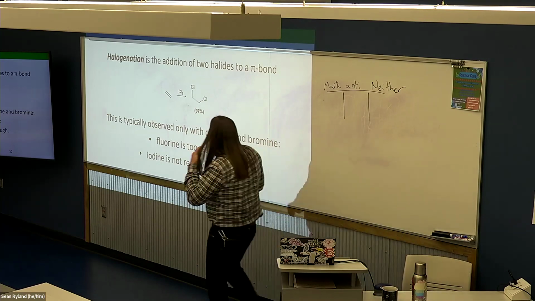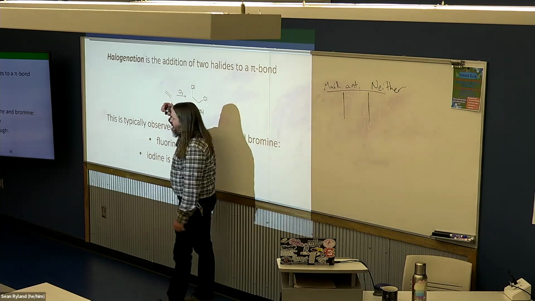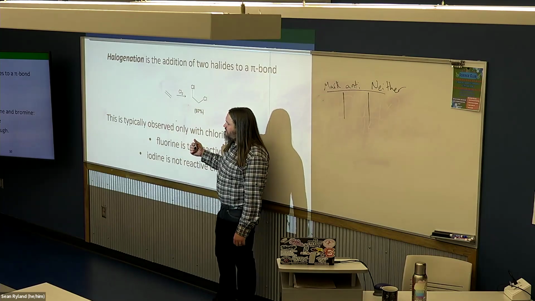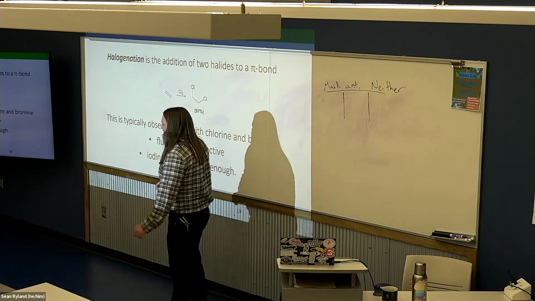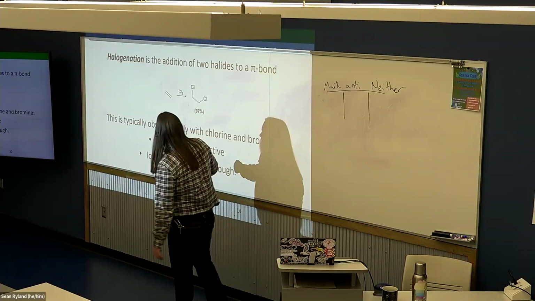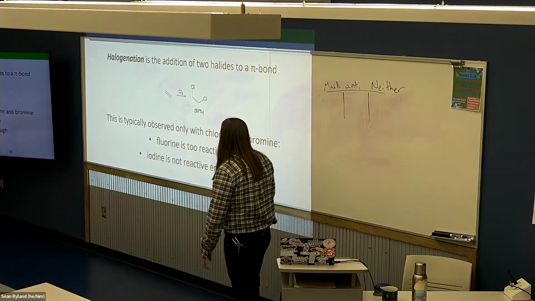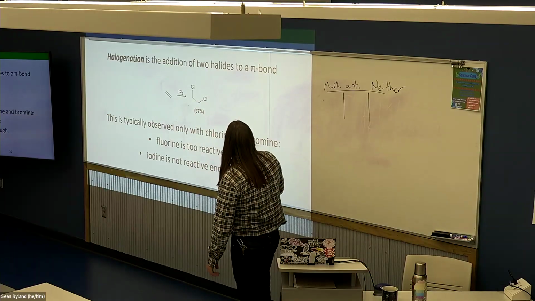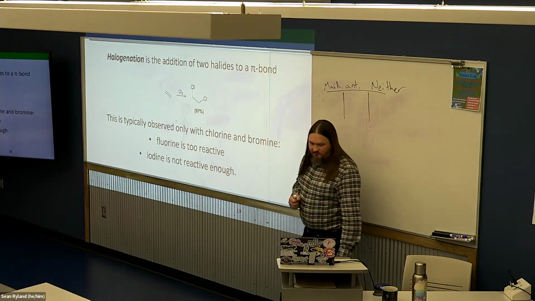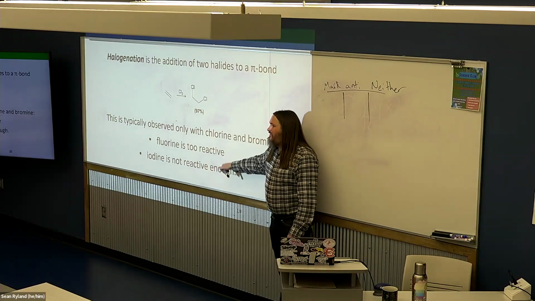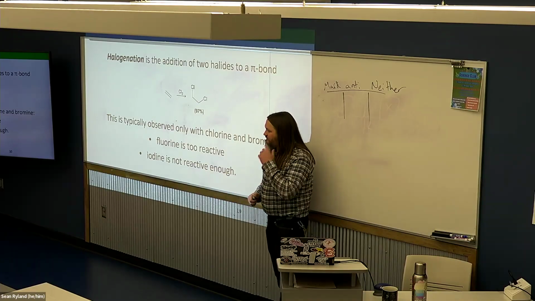All right, so in this case, the halogenation doesn't need to be catalyzed because the halogen gases are already reactive enough. Hydrogen's not reactive enough to react without the catalyst, but chlorine and bromine are. We only really are going to see this with chlorine and bromine, because fluorine is too reactive and then iodine's not reactive enough.